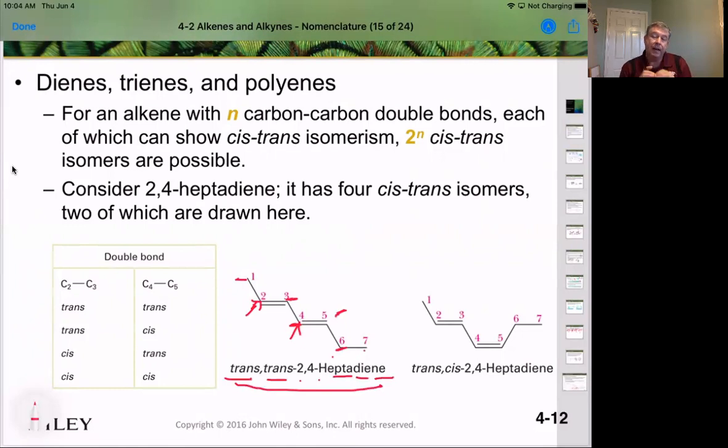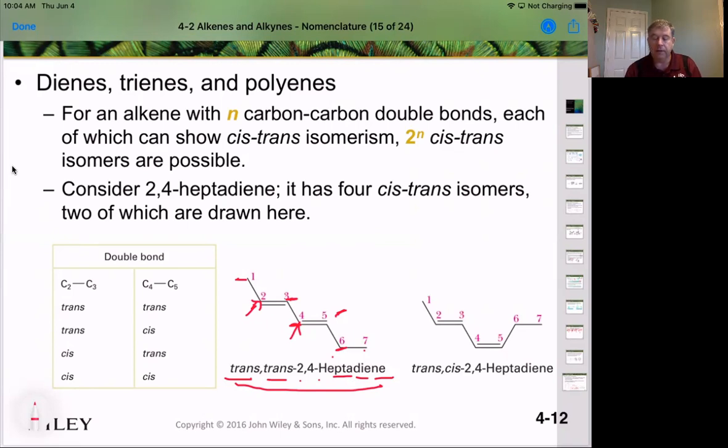Notice we shove the di right in between the number of carbons and the functional group. So we have heptadiene. If we had 3 double bonds in there, we'd say heptatriene. And so we shove that number modifier in between the number of carbons and the functional group, okay?